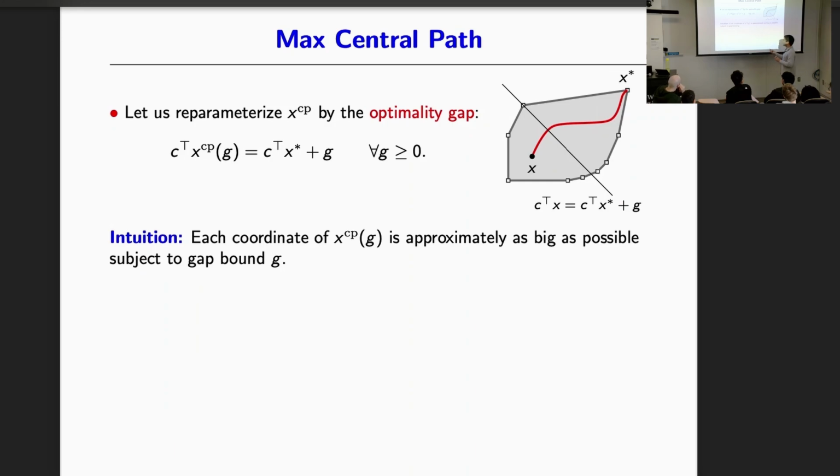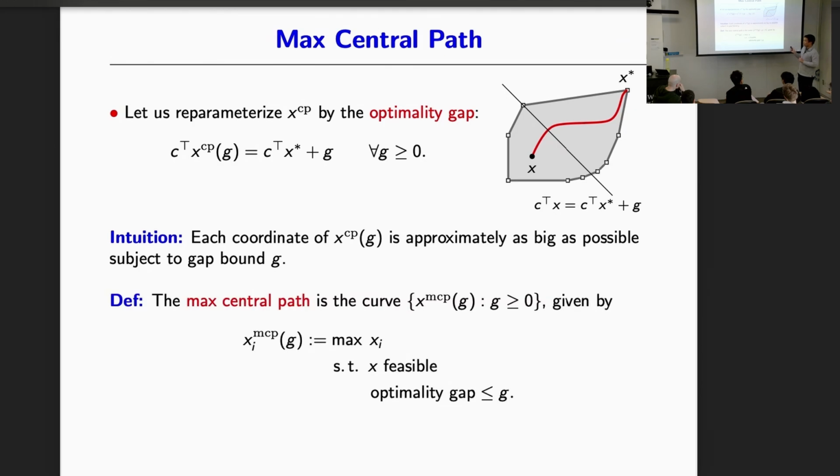It turns out that the central path point at g is almost as far away as the maximum distance that you can get from every inequality. So it's within a 1 over n factor. This motivates the definition of what we call the max central path. So this is essentially the furthest away you can get from 0 on each coordinate, right? I'm maximizing the ith coordinate subject to being feasible for my polyhedron and having optimality gap at most g.